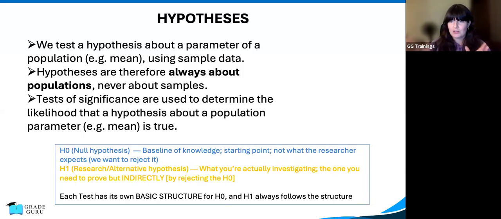So that's pretty vague, right? We don't know if it's less than 7, and we don't know if it's greater than 7. It's just not 7. So it hasn't specified a direction. Whereas if it is directional, then it specifically states that the average is greater than 7 or it's less than 7.